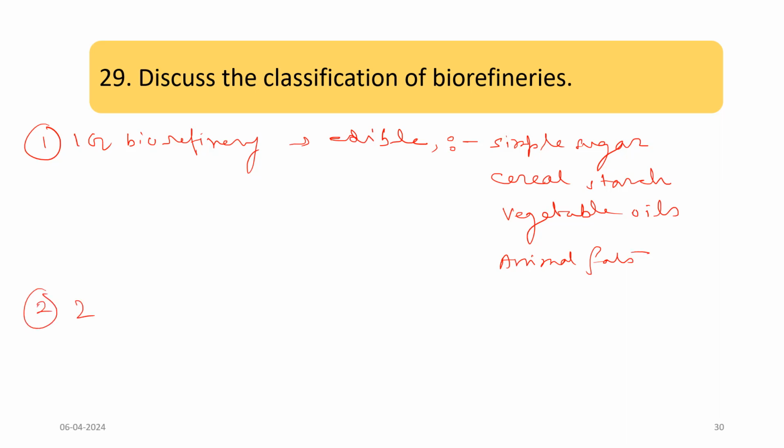Second one is the 2G biorefinery. And these are the non-edible raw materials.